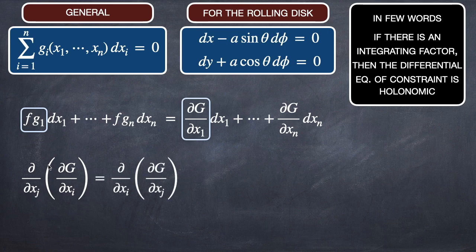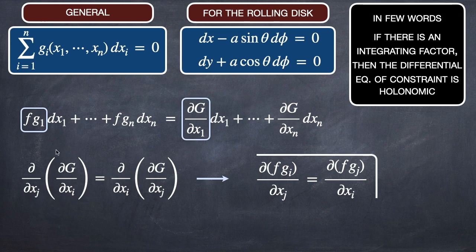We know that since we are dealing with partial derivatives, the order of the derivative doesn't matter. So we can take the partial derivative with respect to xi and then xj, or we can take the partial derivative with respect to xj and then xi.